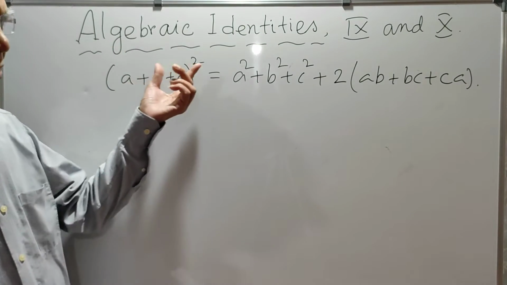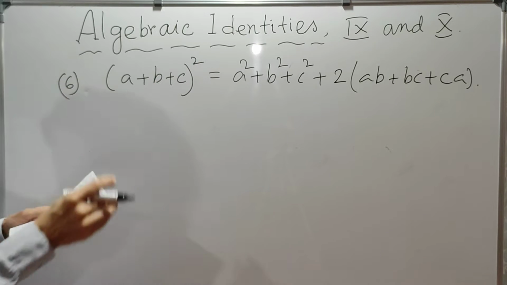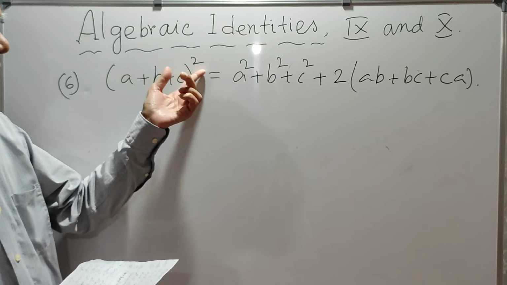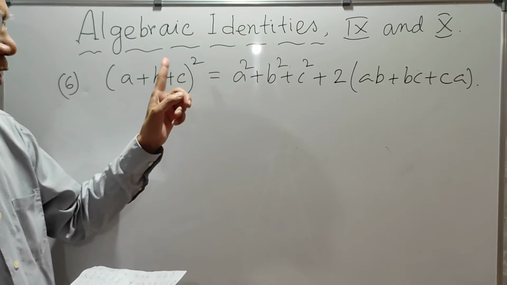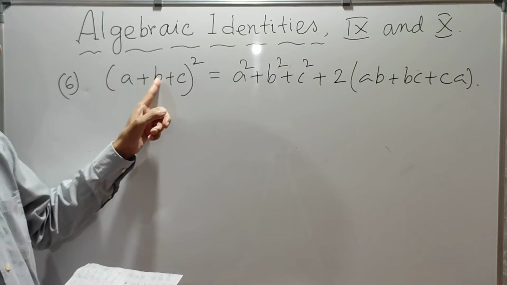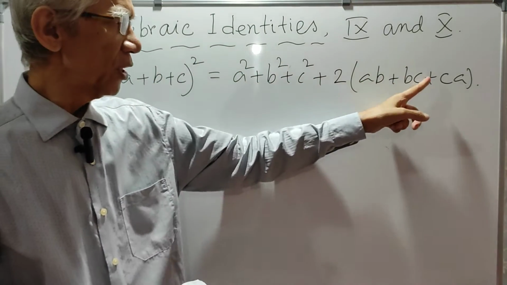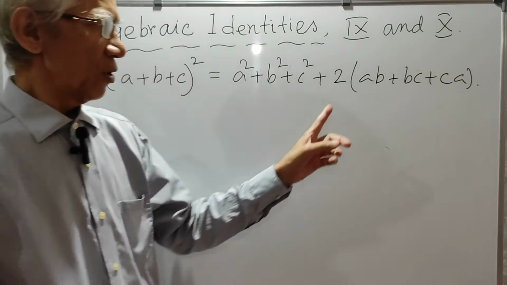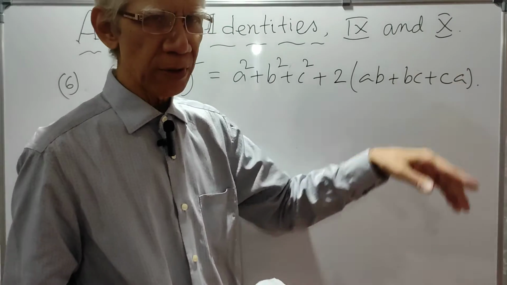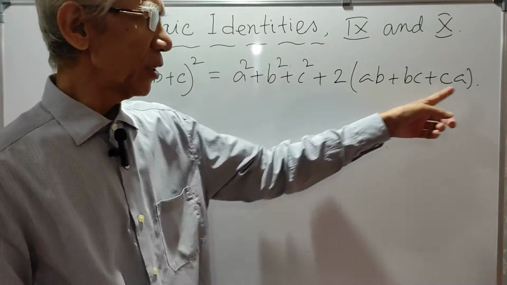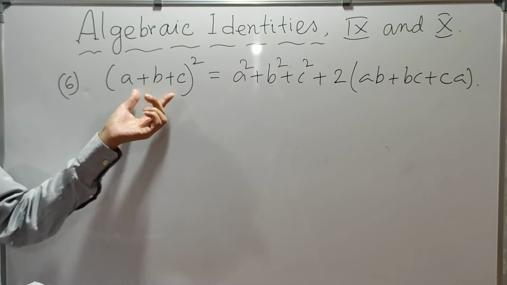Now this is trinomial whole square, a plus b plus c. So what do you get? a square plus b square plus c square plus twice ab plus twice bc plus twice ca. So if you open the bracket, you will get twice ab plus twice bc plus twice ca. That also you can remember, or if you take 2 common. So this is the whole square of a trinomial.